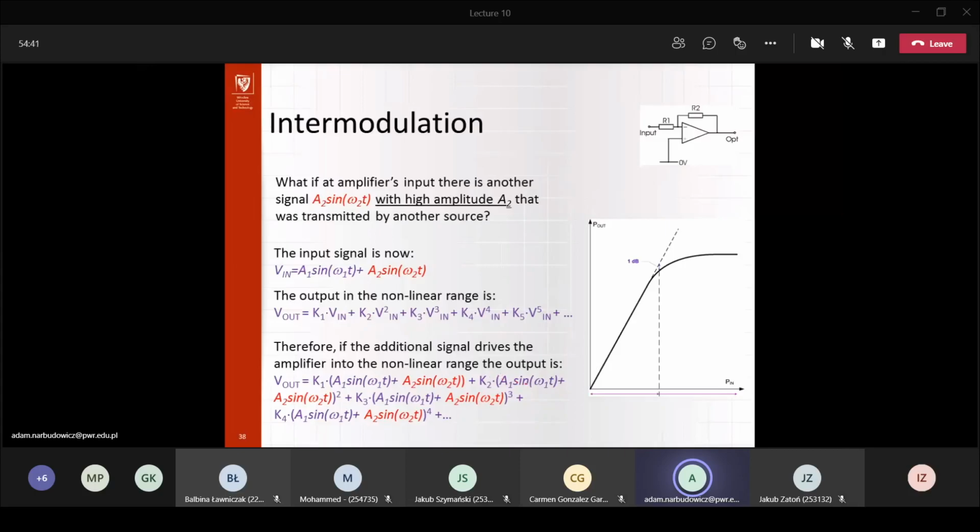So we have A1 sine omega 1 plus A2 sine omega 2, all to the square. And from the equations for the power 2 of the added terms, you should instantly see that this will end up in the square of this function.